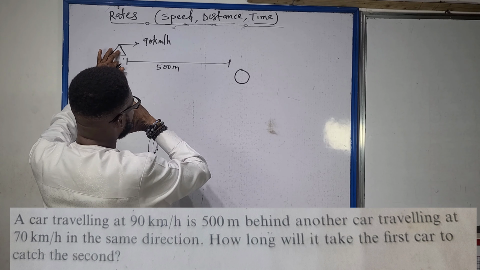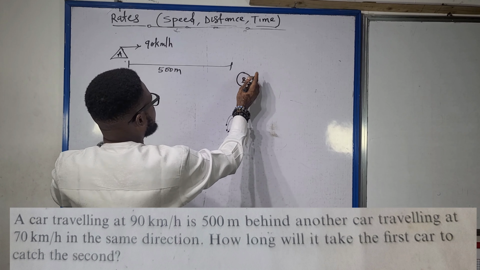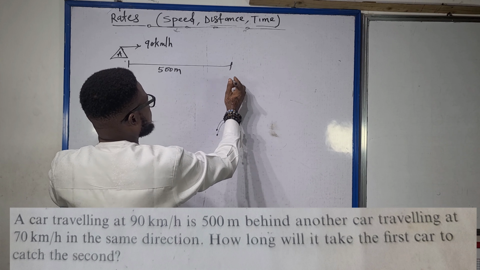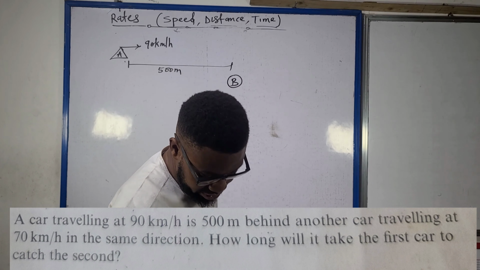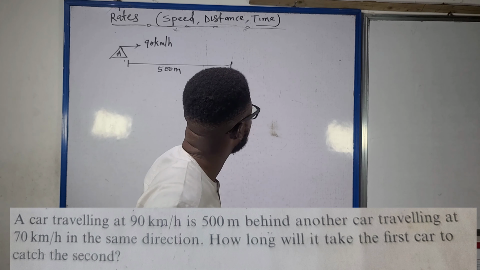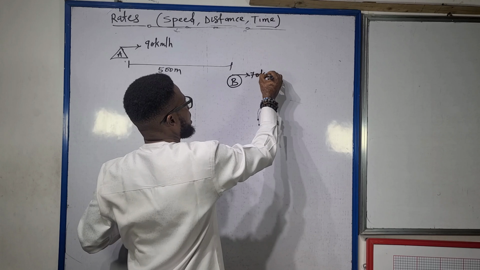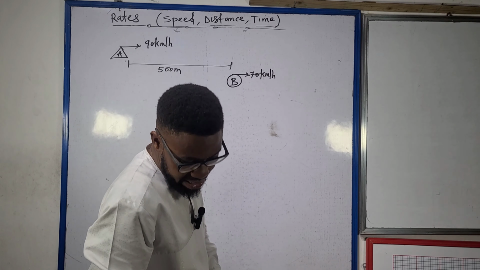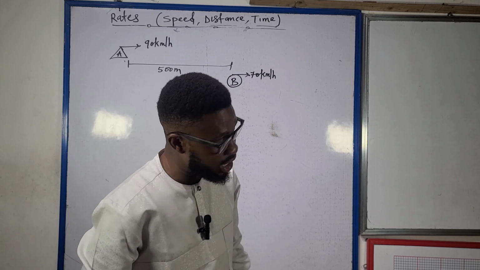This is car A, this is car B. This is 500 meters behind another car traveling at 70 kilometers per hour. So this is traveling at 70 kilometers per hour. And then they asked, how long will it take the first car to catch the second?